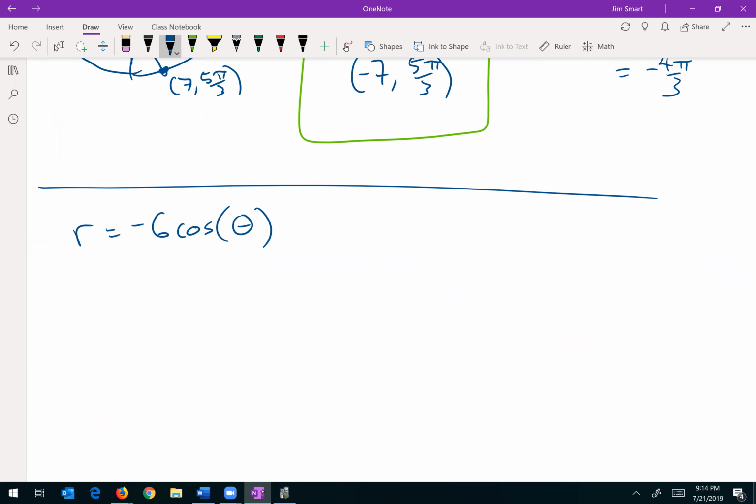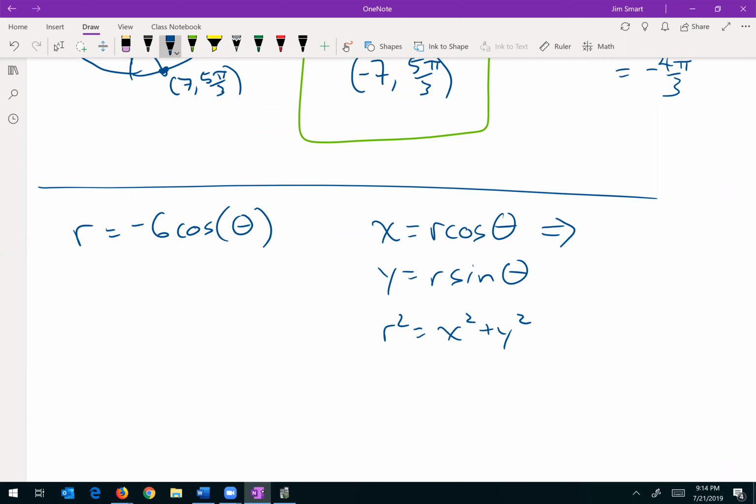What I remember in terms of doing this question is x equals r cosine theta, y equals r sine theta, and r squared equals x squared plus y squared. I'm going to rewrite the x equation as cosine theta equals x over r, just dividing both sides by r.